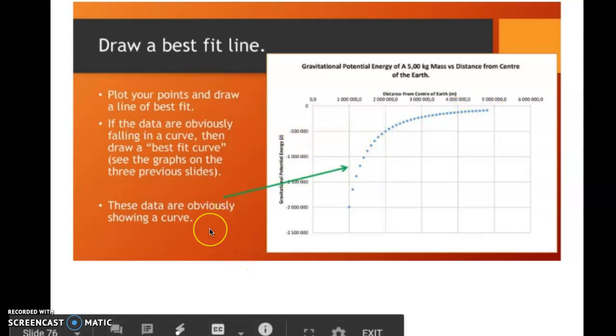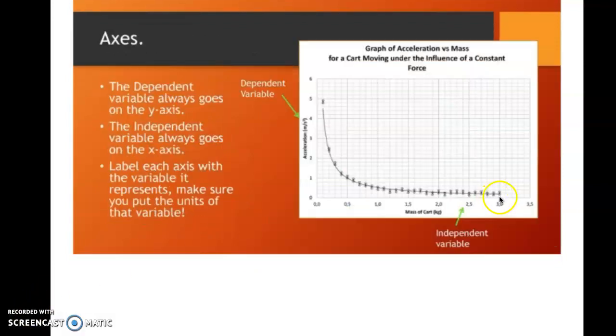So lines of best fit can be straight lines, or they can also be curves. Here's a nice example where we can see that there is an inverse relationship, 1 over something, and the curve of best fit is a smoothly drawn curve which goes through all the error bars. Now this is what you're aiming at when you're drawing curves of best fit.